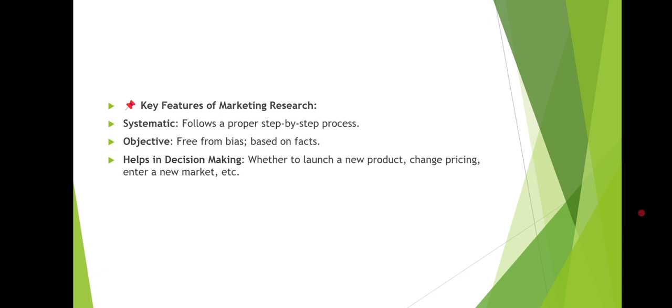It helps in decision making, whether to launch a new product, change pricing, enter a new market, etc. Marketing research is very helpful in different areas. It totally depends on the situation.